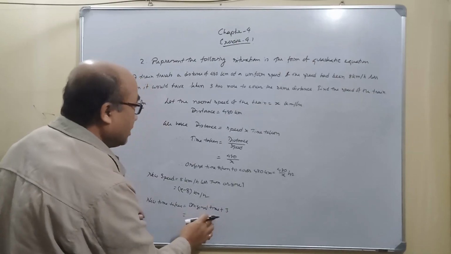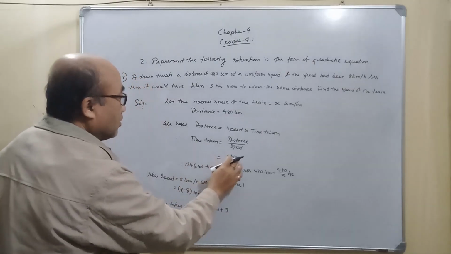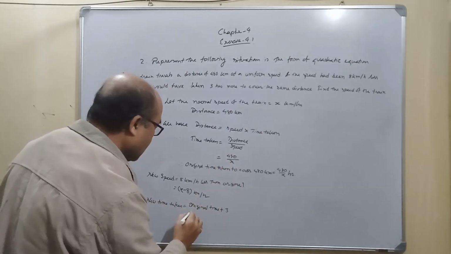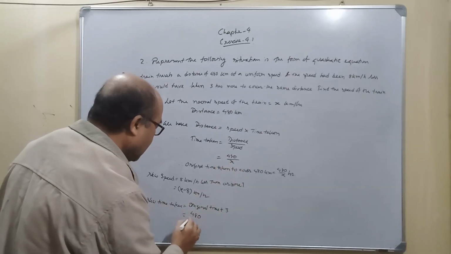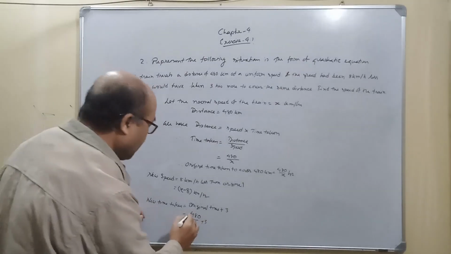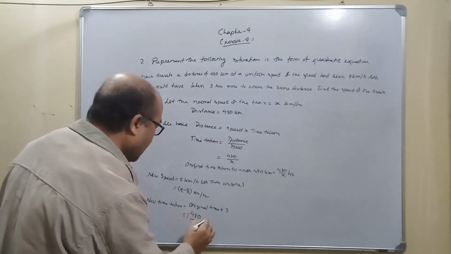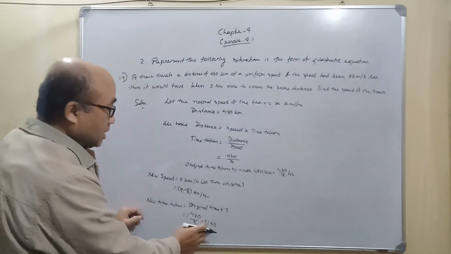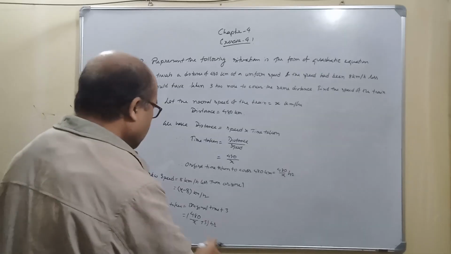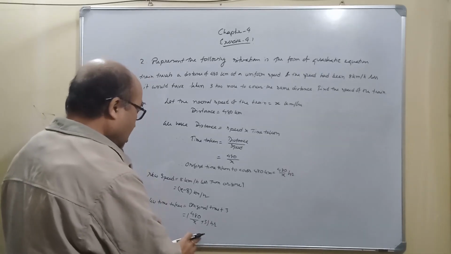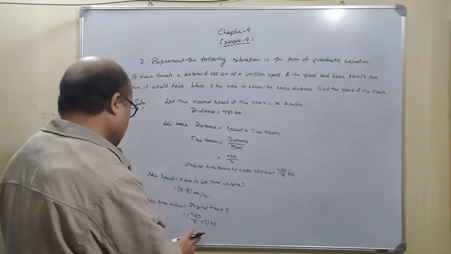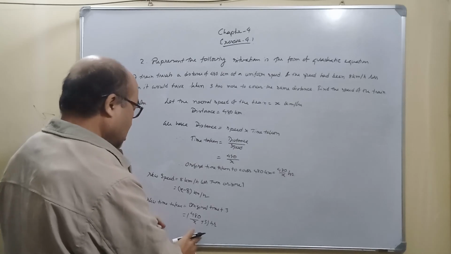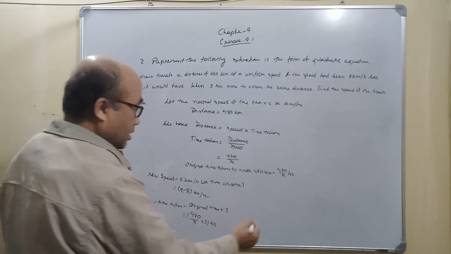What is the original time? 480 by x. 480 by x plus 3 hours. Write it down also. Hence we get a equation. Let us convert it to a quadratic equation.